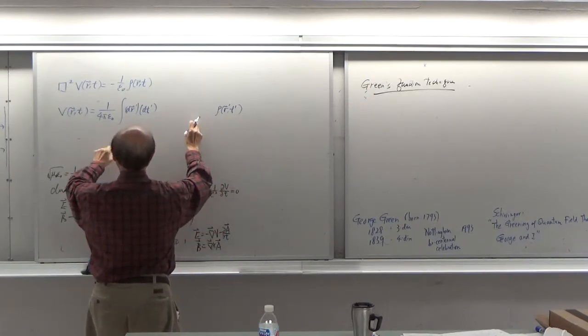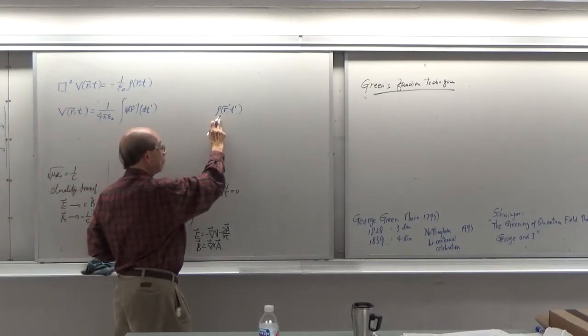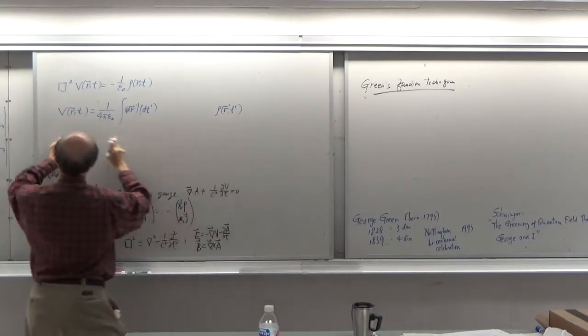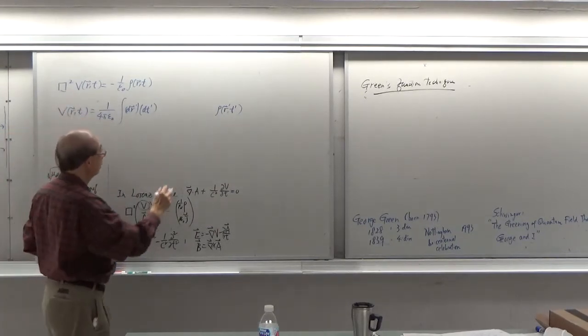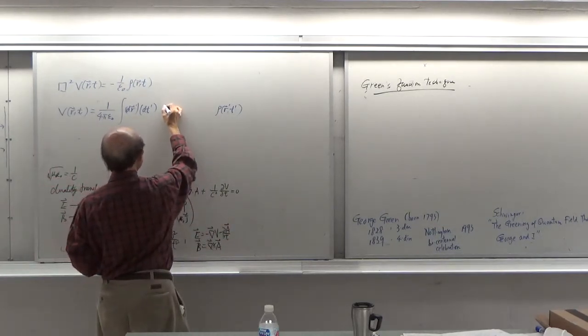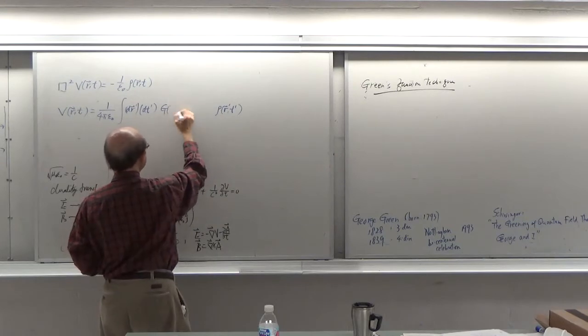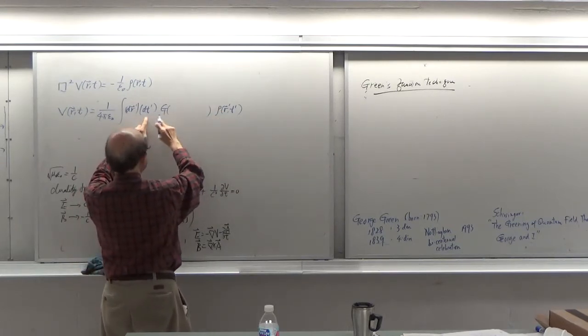The signal got propagated to the location r. The signal is emitted at time t prime, and the time at which the signal was received at r is t. And this propagation of the signal is given by the Green's function, which depends upon r prime, t prime.